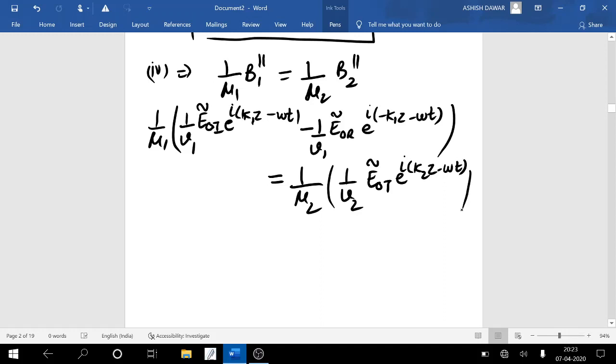So again we are considering this equation at z equals 0.